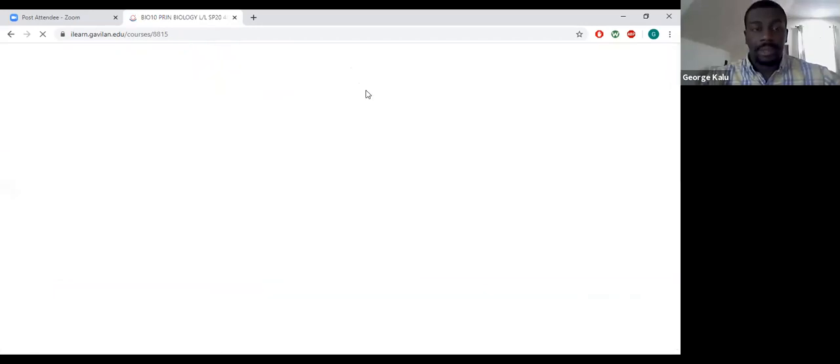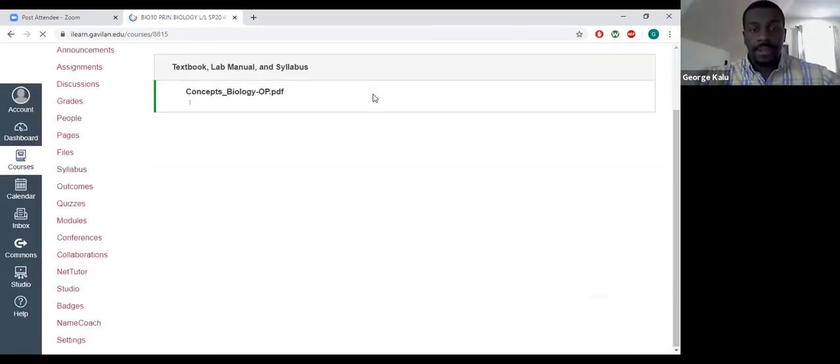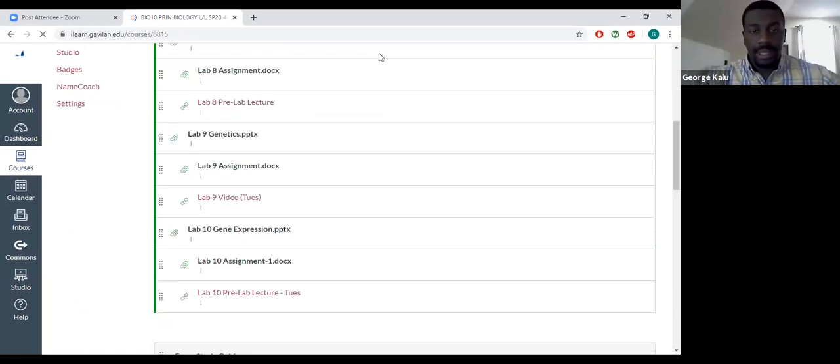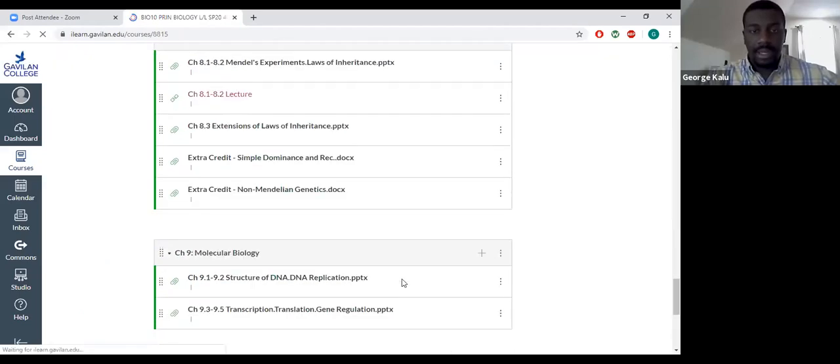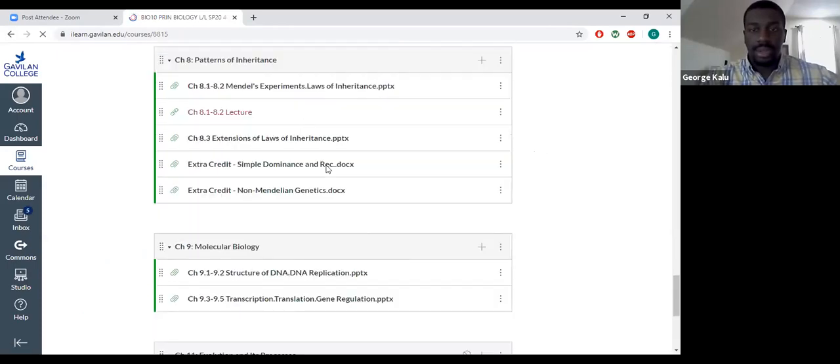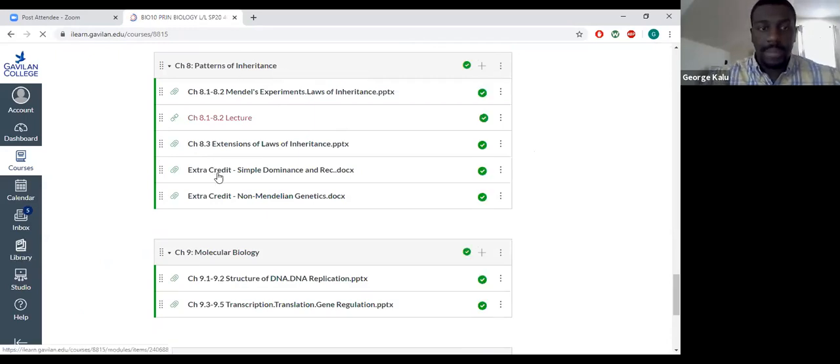If you go over to the Chapter 8 module, at the bottom you're going to see an extra credit for simple dominance and simple recessiveness, and then an extra credit for the non-Mendelian genetics.